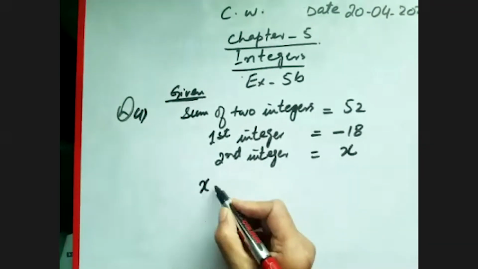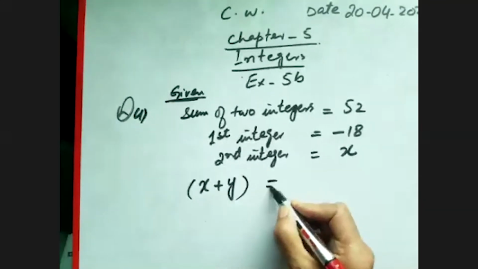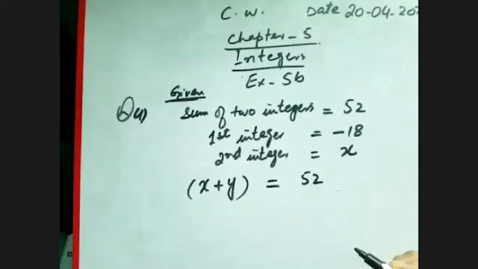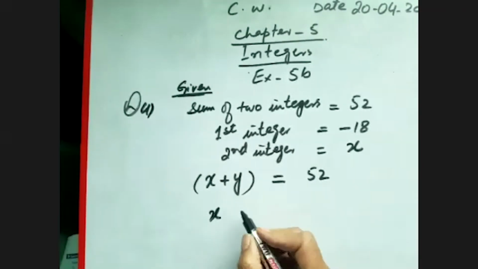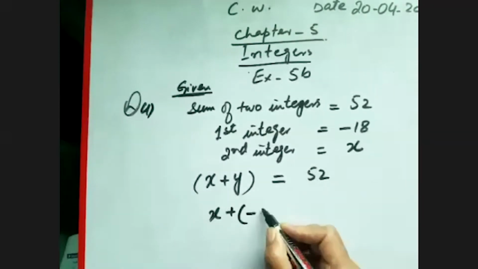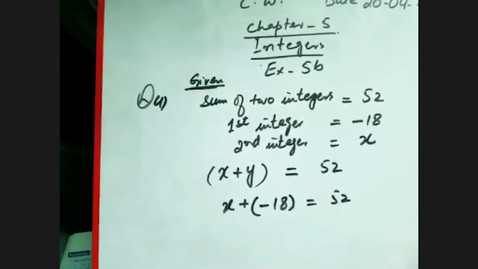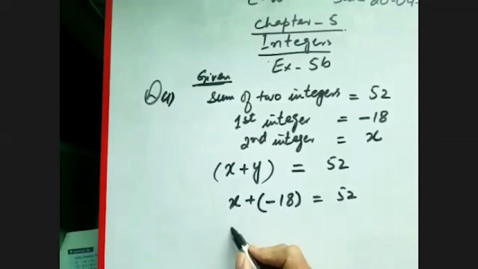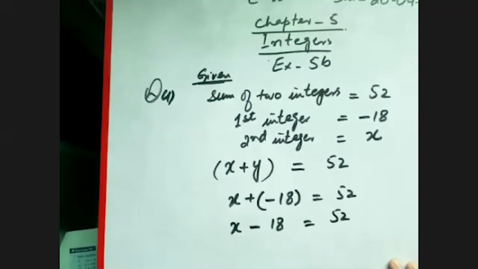Sum of two integers means x plus y, you are adding the two, equals 52. By putting the value of y in the equation, x plus minus 18 equals 52. x minus 18 equals 52.